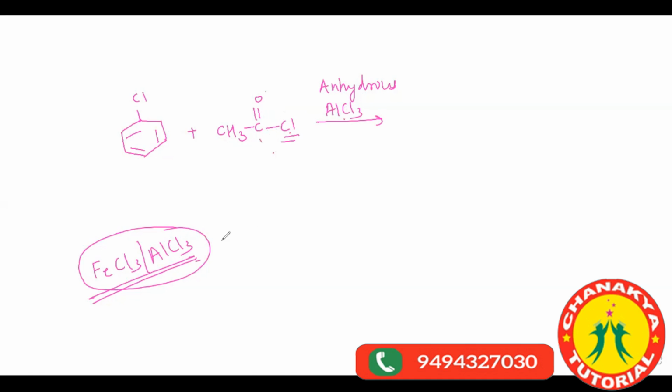I'll show you how. It will become an electrophile. CH3, C double bond O, Cl plus AlCl3 forms CH3, C double bond O, with AlCl4. So it becomes electron positive and this becomes electron negative. Clear? And on this, your benzene ring would be attacked.